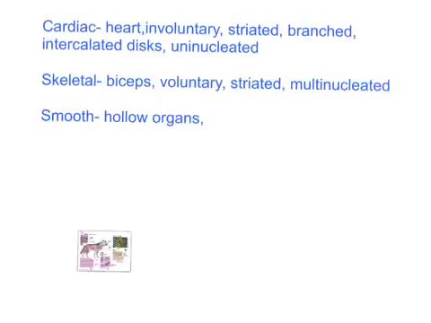It's found in blood vessels, lymphatic systems, the esophagus. It's pretty much everywhere. But we say hollow organs as an example because we don't want to say it's only in one system or another.